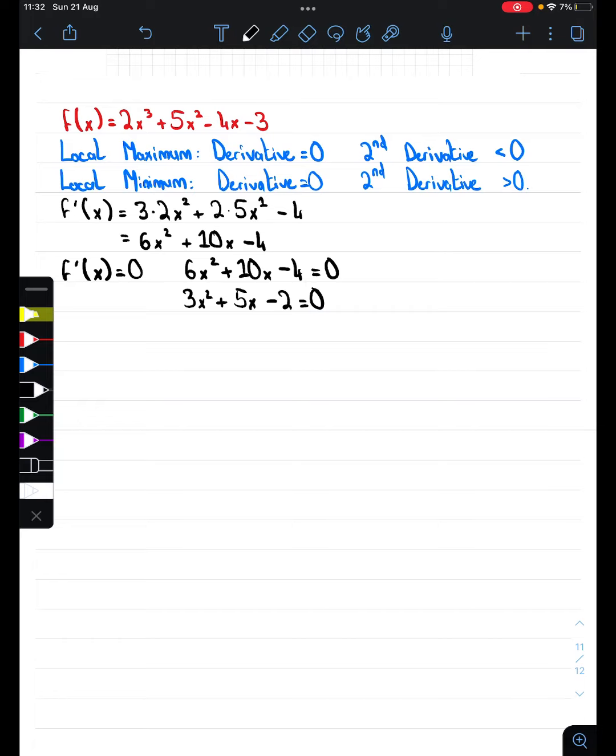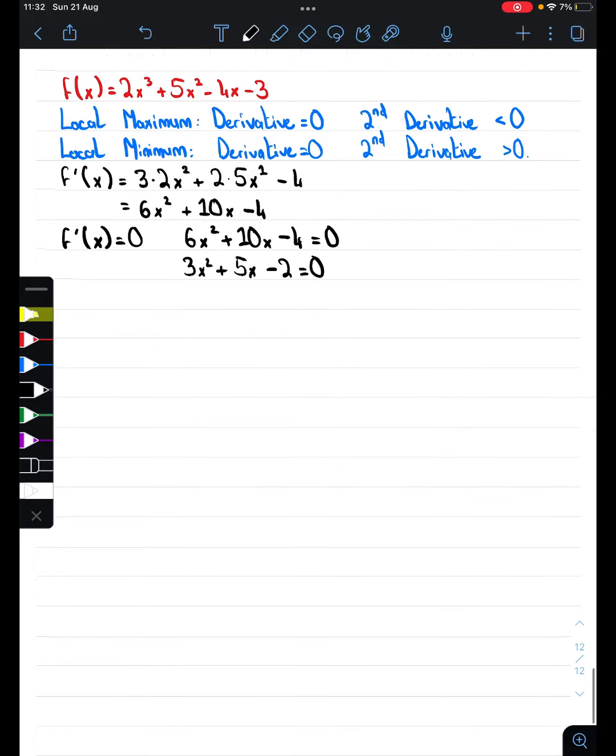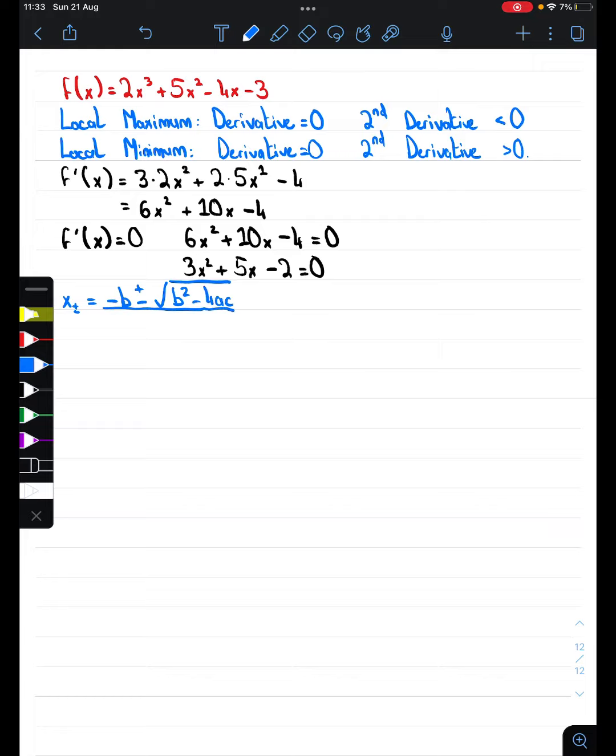And then we can just use the minus b formula to solve for the x such that f prime of x is 0. So x plus and minus is minus b plus minus the square root of b squared minus 4ac all over 2a. And our a is 3, our b is 5, and our c equals minus 2.